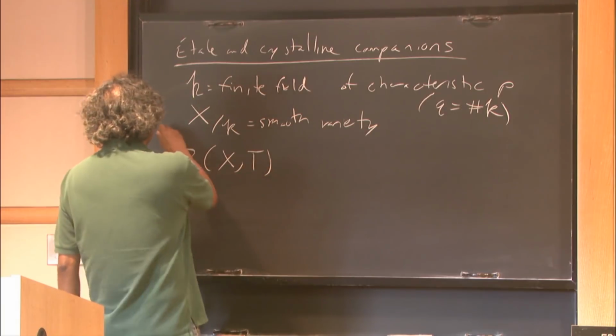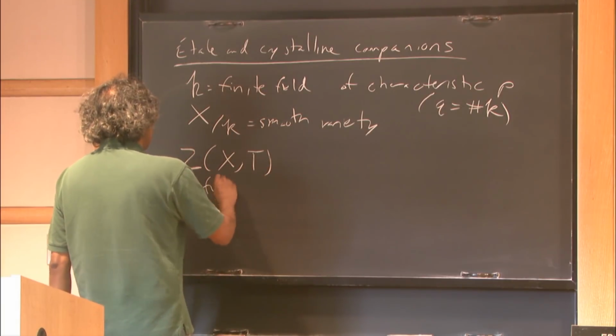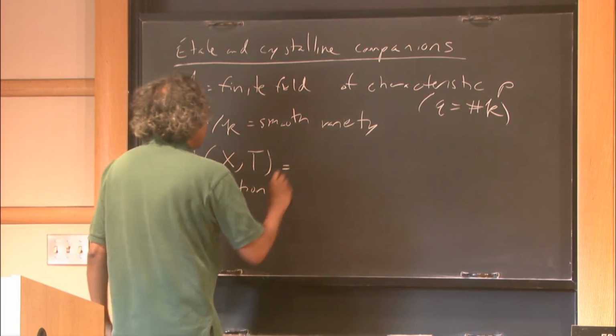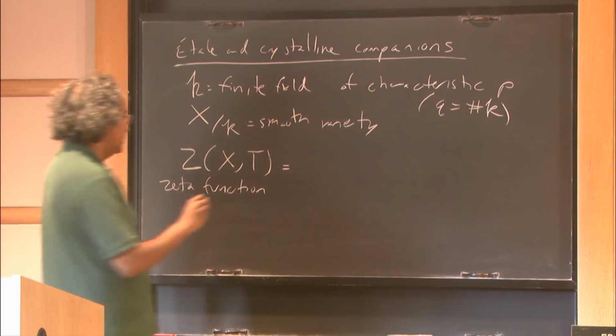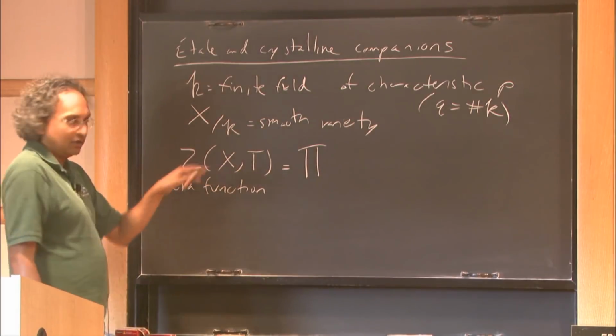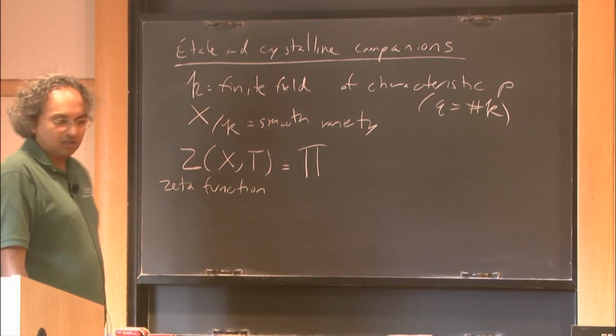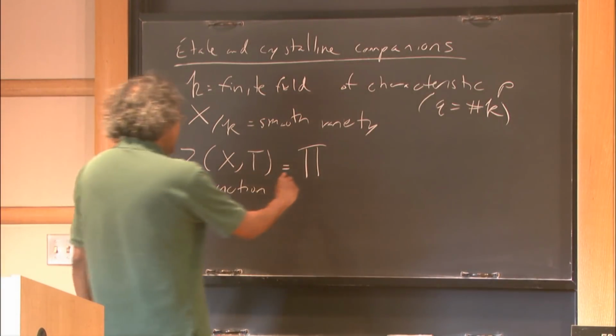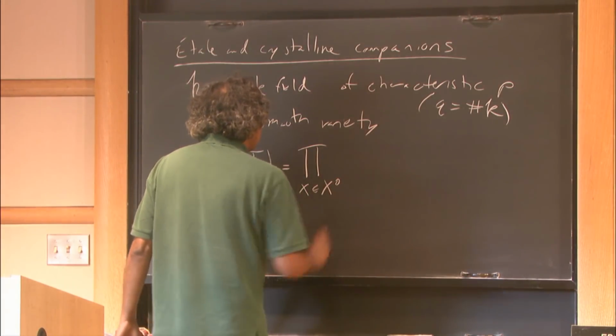And so, in general, when you have a variety, not necessarily smooth, over K, you can associate to it its zeta function. This is a fundamental construction that at this level of generality goes back to Weil. So just like the zeta functions one encounters in number theory, like the Riemann zeta function or Dedekind zeta functions, it's formed as some sort of Euler product.